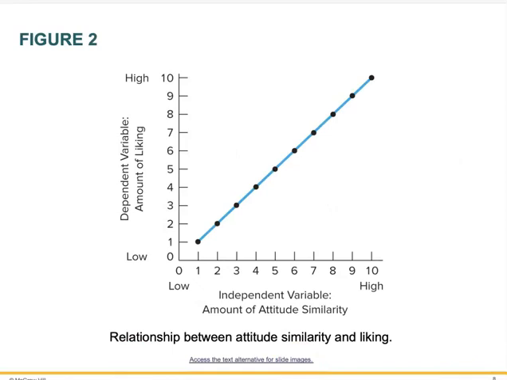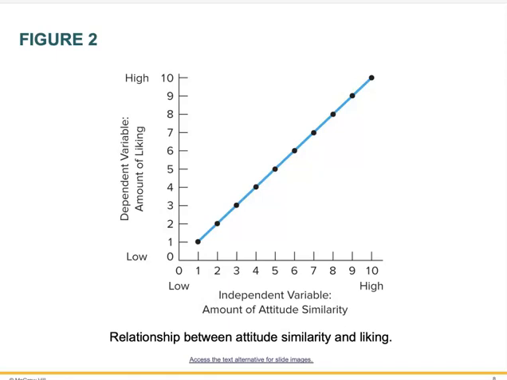So we can see here a strong manipulation. The independent variable at the bottom is the amount of attitude similarity, and on the left, the dependent variable is the amount of liking. Just to illustrate, suppose that you think there's a positive linear relationship between attitude similarity and liking, so you test the idea that birds of a feather flock together.